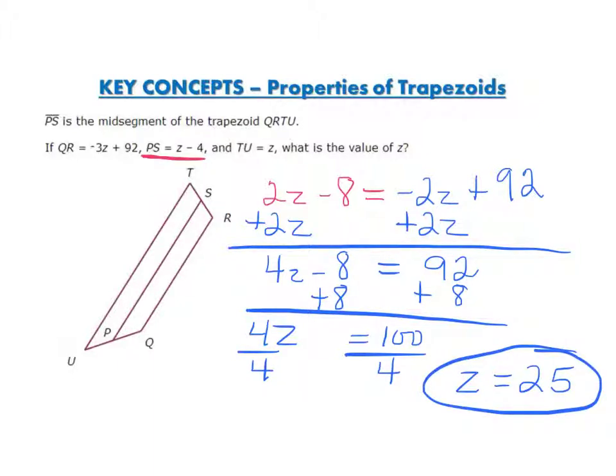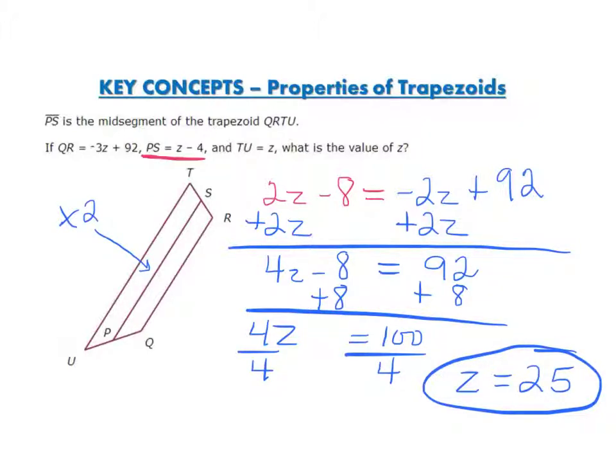Okay, once again, you have to multiply the midsegment times 2. You don't multiply the bases times anything, you just add them together. Because adding them together is the same thing as multiplying the midsegment times 2. So without me writing down all the numbers, I plugged 25 into each one of those algebraic expressions.